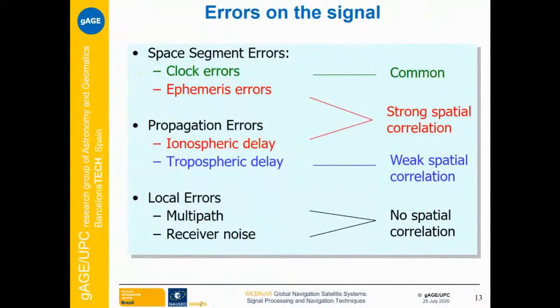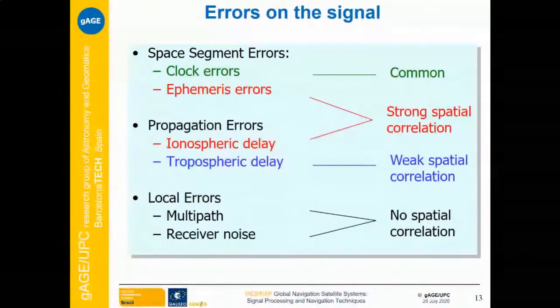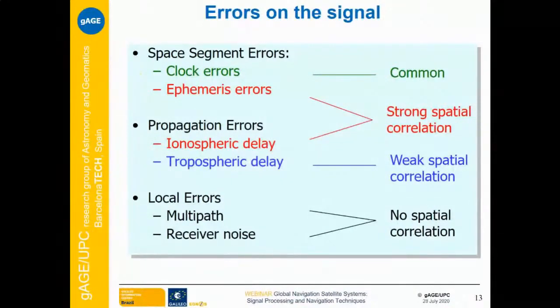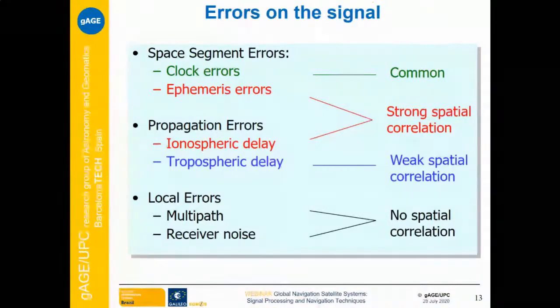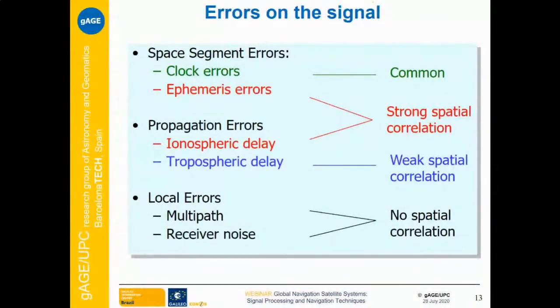And we can see how correlated those errors are. The clock errors are common errors, so they can be completely cancelled in differential positioning. The ephemerides and ionospheric errors show a strong spatial correlation, so we will eliminate quite a lot of these errors, shown in red.